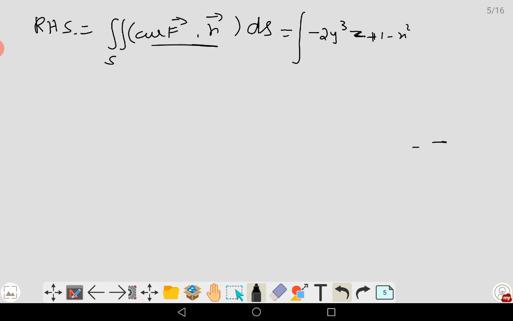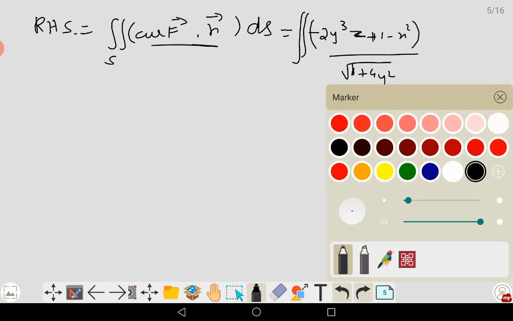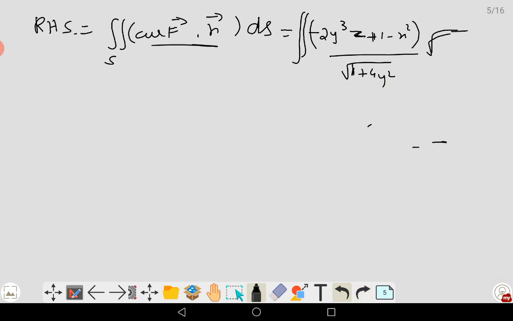I found the dot product of curl f and n vector, divided by square root of 1 plus 4y square, and ds is square root of 1 plus 4y square dA.